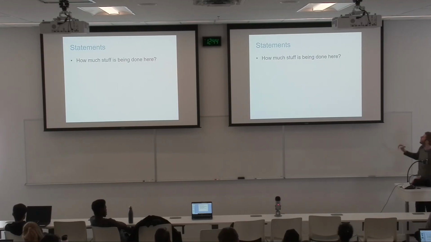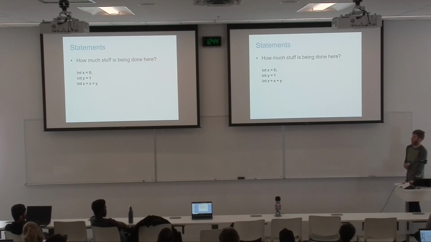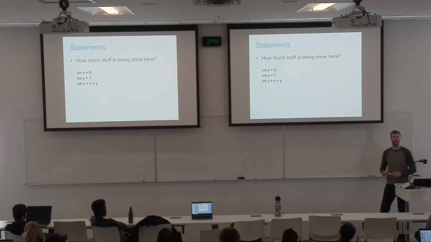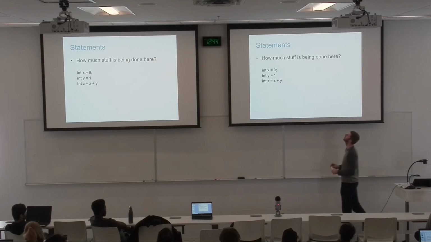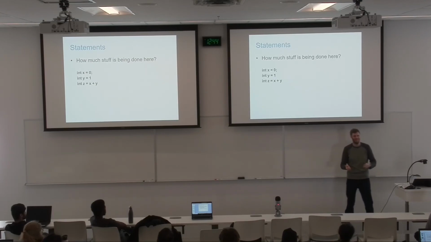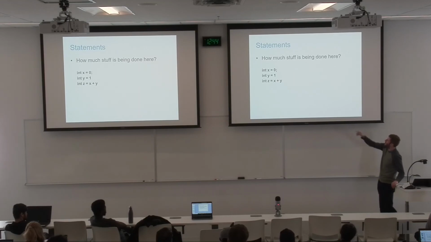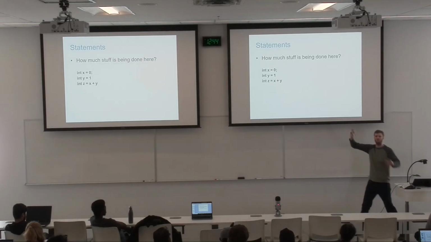So, how much stuff is being done? There's no trick question here. How many units of work are being done? 3, 4, this one's kind of hairy, right? Because it depends, is one line of code a unit of work?